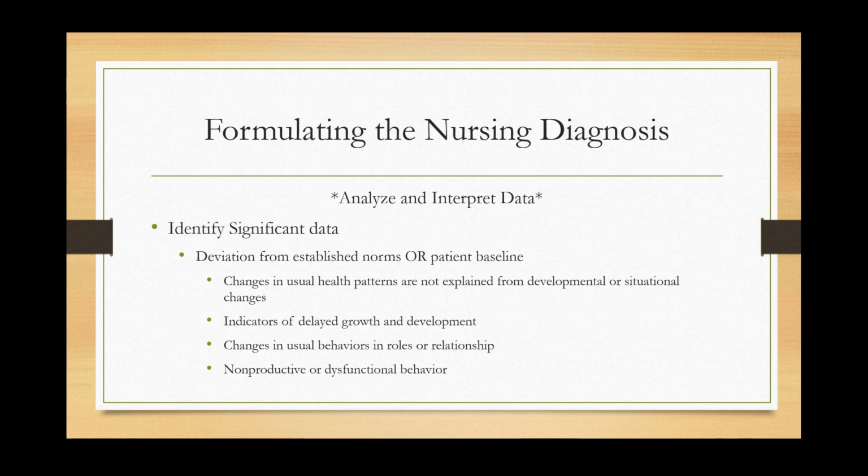So that ties into changes in usual health patterns that are not explained by developmental or situational changes. So you've got to take it with a grain of salt. What is the context again? We're looking at what is the context of this deviation. Are there indicators of delayed growth and development?